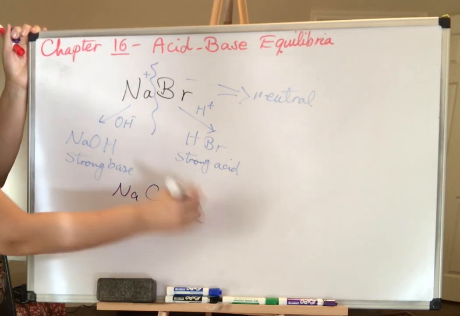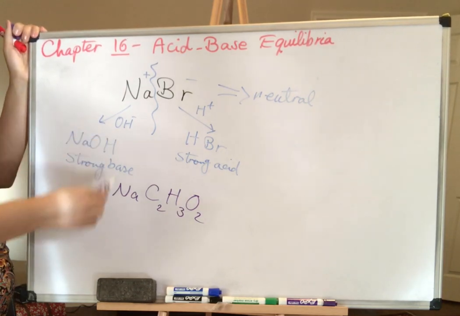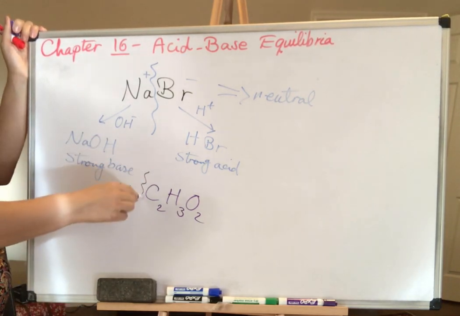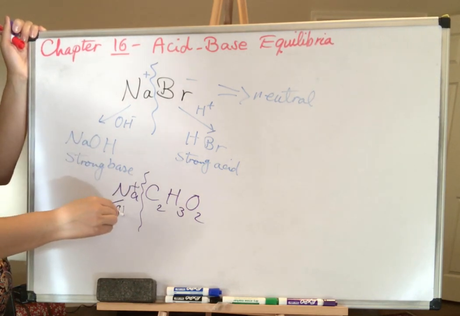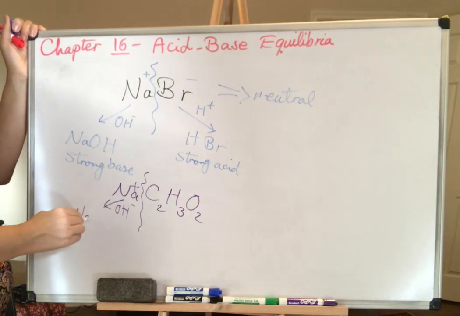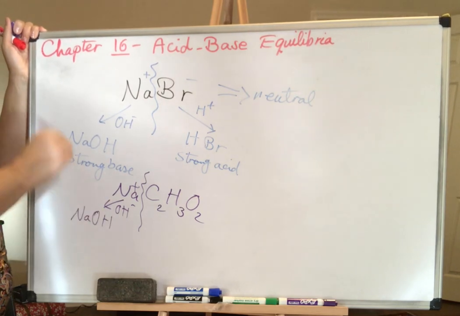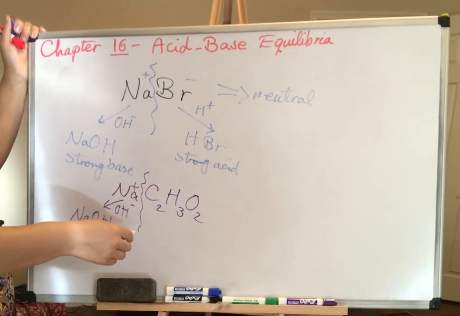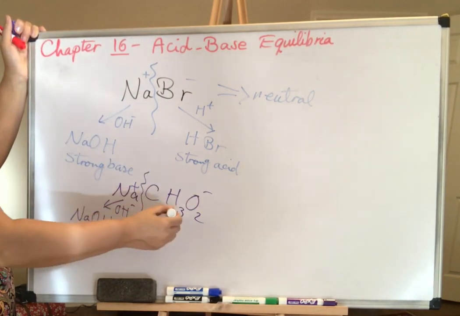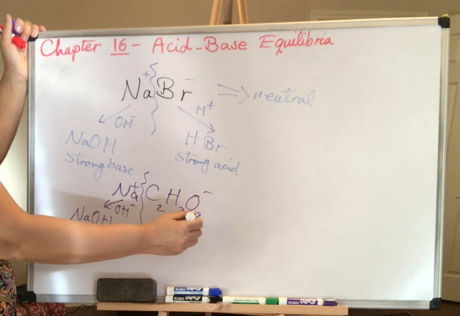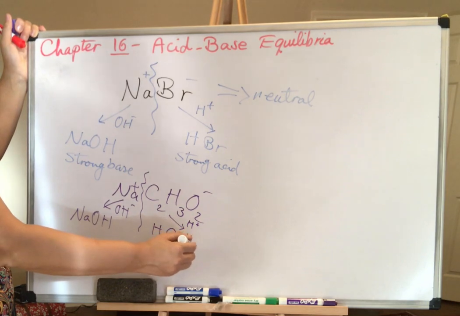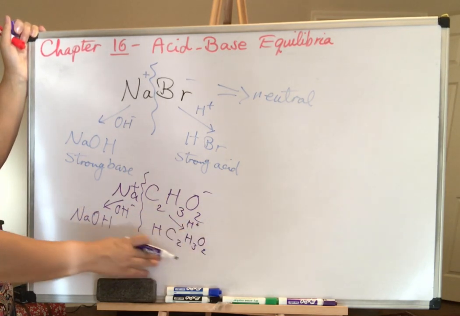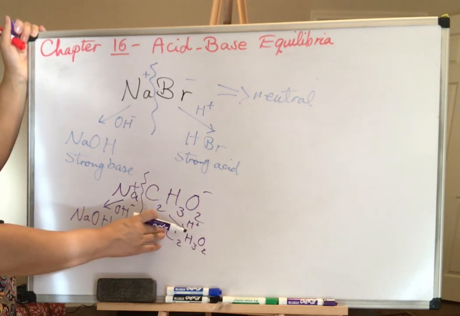NaC2H3O2. Divide it into cation and anion. I'm sure you will say this is your cation. Combine it with OH. It will form NaOH. And C2H3O2 is the anion. Combine it with hydrogen. So it's going to be HC2H3O2, that's vinegar. Is it on the list of your strong acids?